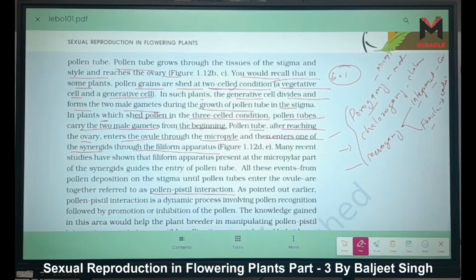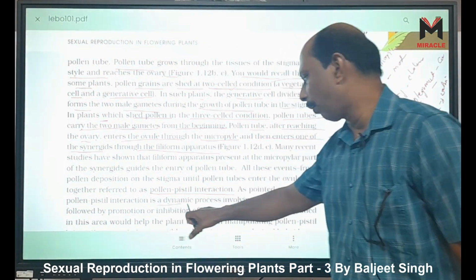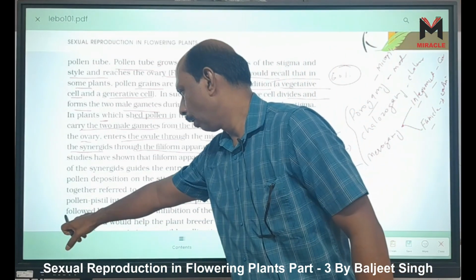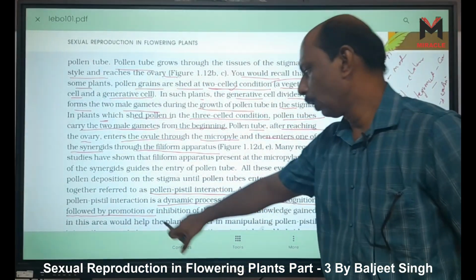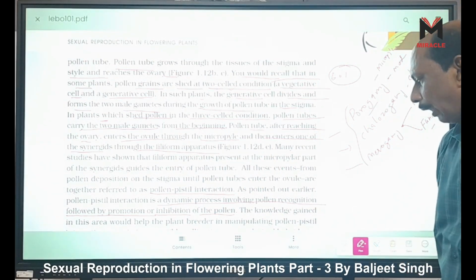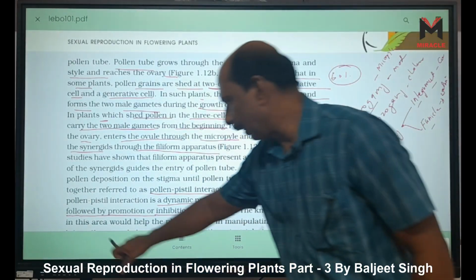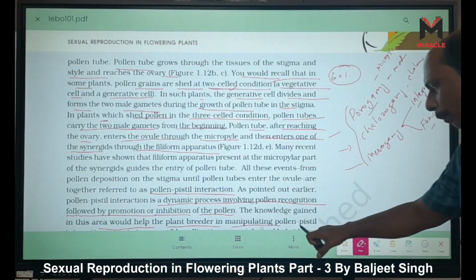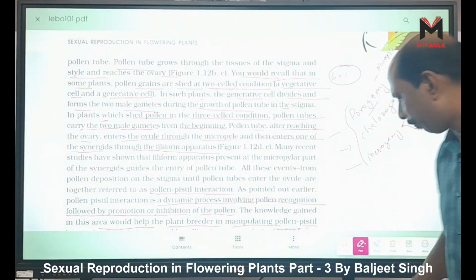As pointed out earlier, pollen-pistil interaction is a dynamic process involving pollen recognition, followed by the promotion or inhibition of the pollen, right? The knowledge gained in this area would help the plant breeder in manipulating the pollen-pistil interaction.